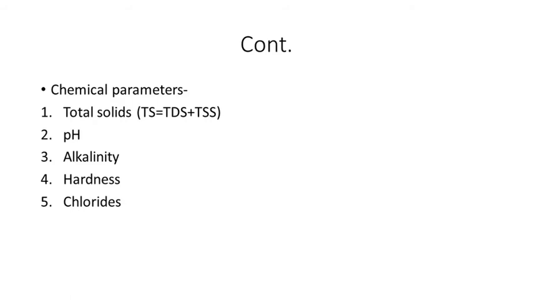That potential difference measures the pH of that sample. So you can measure pH by using a pH meter. One thing is that pH is unitless. Why is pH unitless?